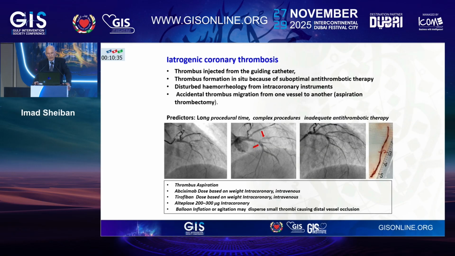Thrombosis can occur during the procedure. The thrombus is injected from the guiding catheter, or formed in situ because of subintimal thrombotic therapy, disturbed rheology from intracoronary instruments, and accidental thrombus migration from one vessel to another.